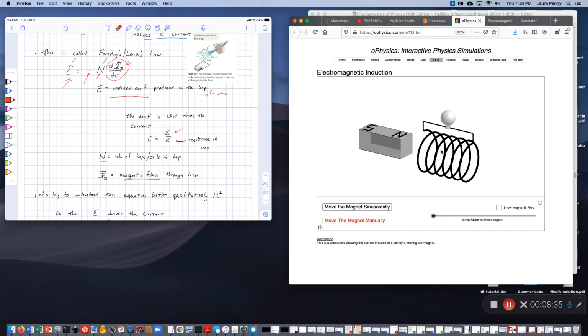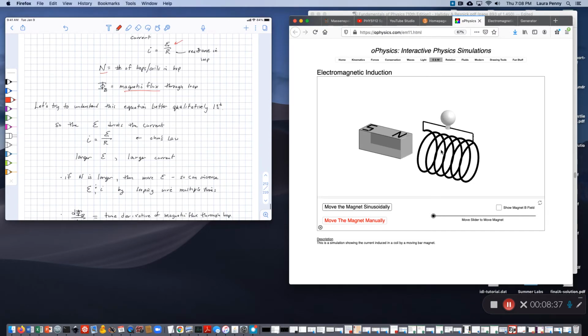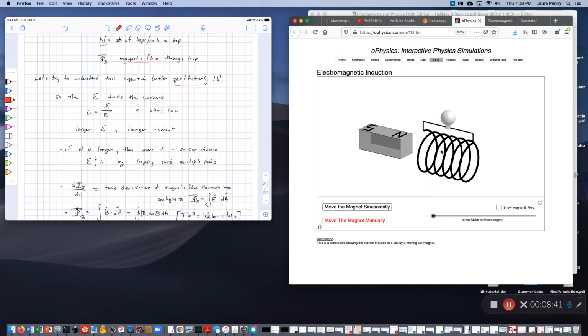And so let's look at this equation a little bit more, from a qualitative sense, in terms of understanding what it's trying to tell us, because it isn't particularly obvious from that equation how we're getting this current to flow. First of all, if we make an EMF, we definitely are going to get current, right?